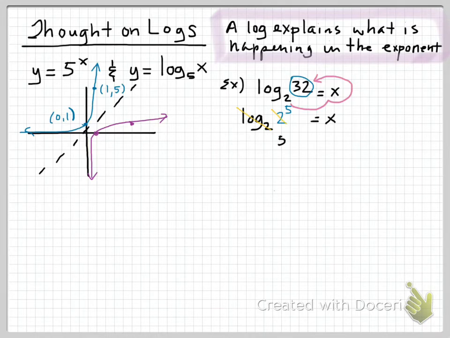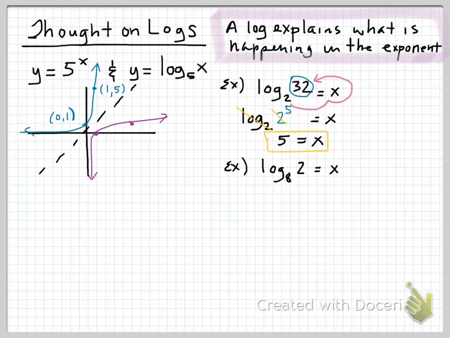So ultimately, what does x equal? x equals 5. So what's happening in the exponent? 5 is happening in the exponent. So that's one example. Here comes another example. Again, I'm going to try to rewrite the 2 inside of that log as 8 to the power of something.